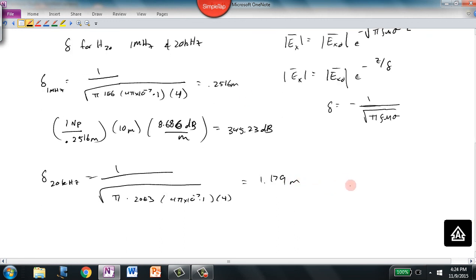And then the attenuation at 10 meters is just going to be 1 over 1.179 times 10 times 8.686. And that's going to give me attenuation of only 48.83 dB at 10 meters of my initial E field strength. So considerably less than at a higher frequency, which I think serves to illustrate the effective skin depth.